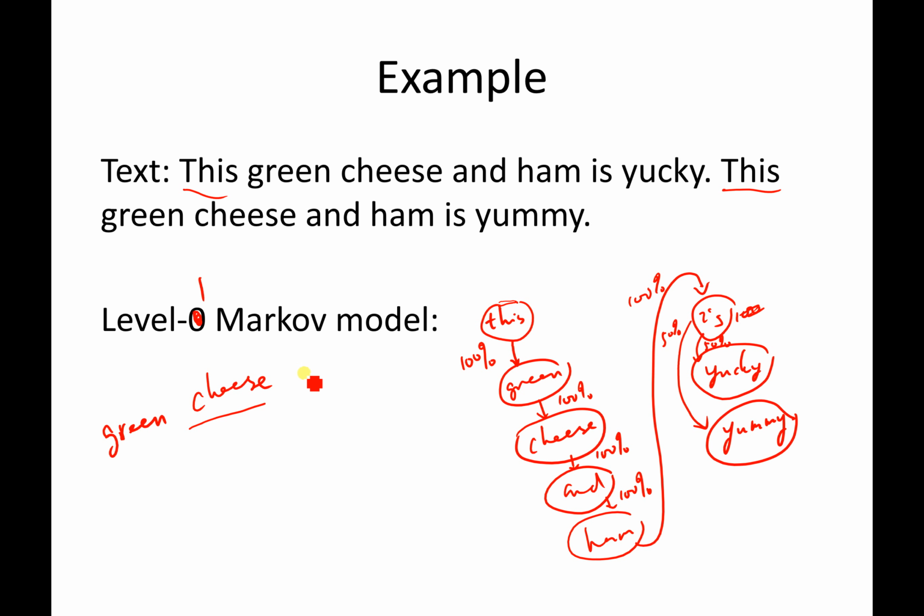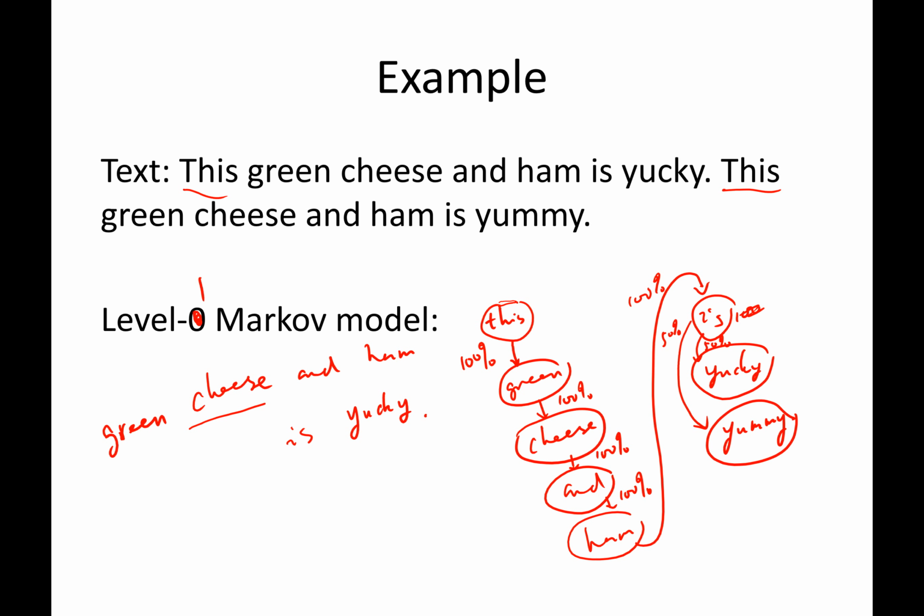From cheese you get and, from and you get ham, and from ham you get is, because the transition probability is always 100%. After is, there is a 50% chance you get yucky and a 50% chance you get yummy, and through the random process you may get either one. If this is what you want to generate, you are done.